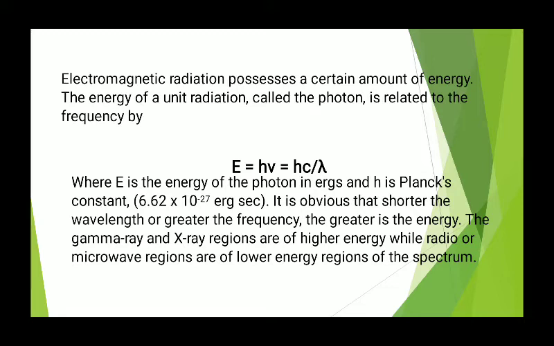It is obvious that the shorter the wavelength or the greater the frequency, the greater is the energy. The gamma ray and X-ray regions are of higher energy, while radio or microwave regions are of lower energy in the spectrum.